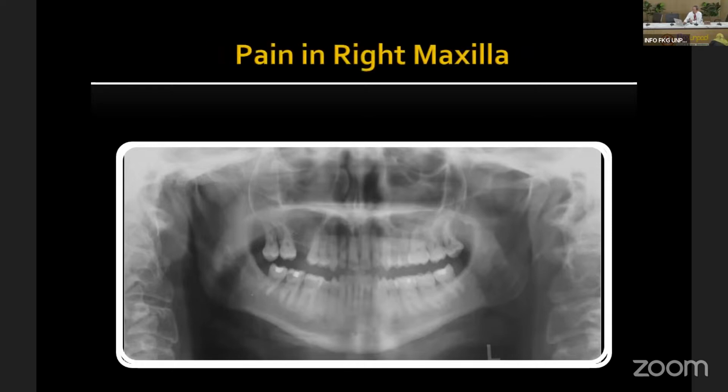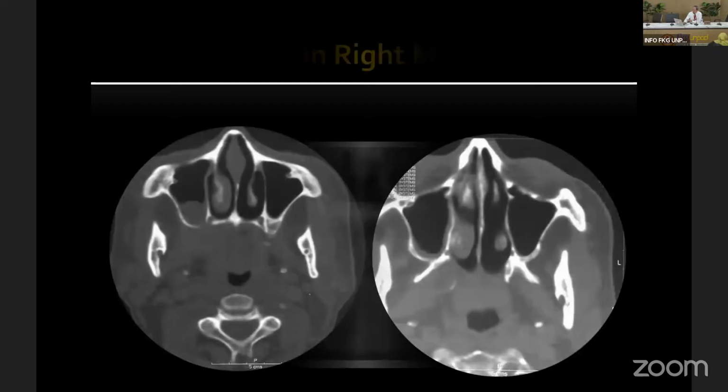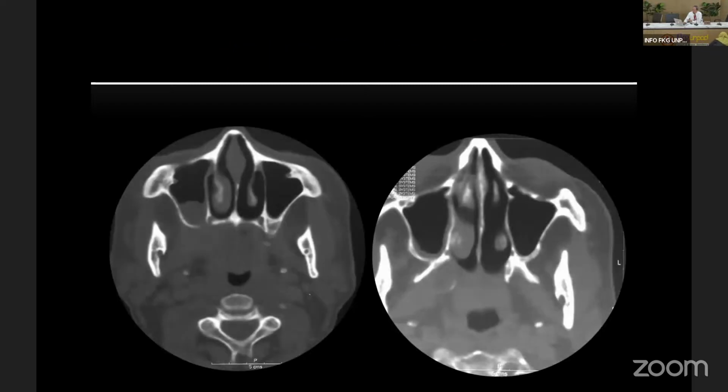But if we do the CT, it's easy to recognize the pathology. You can see there's opacity and mucosal thickening in the maxillary sinus.